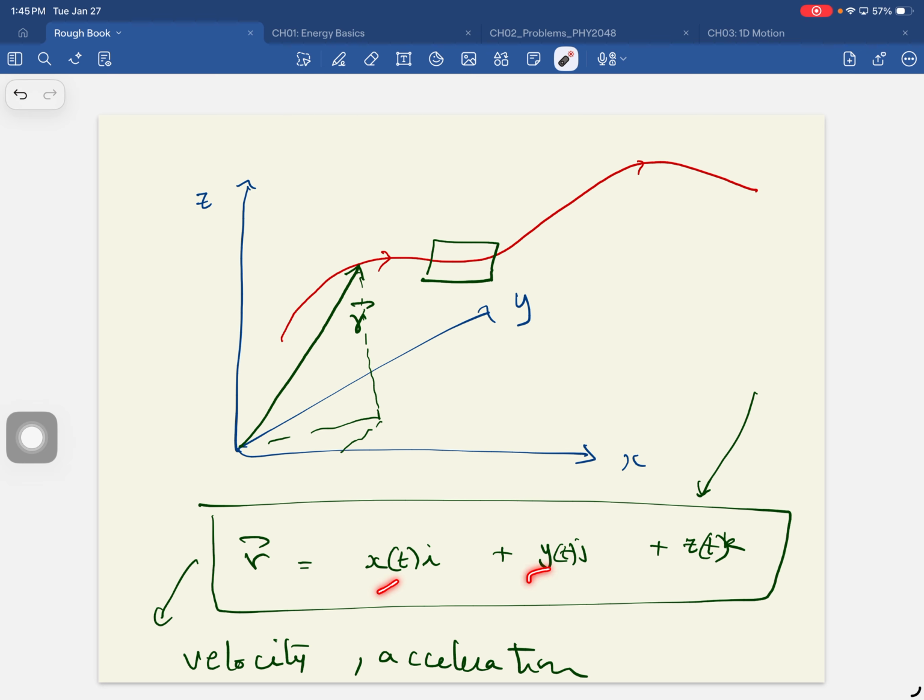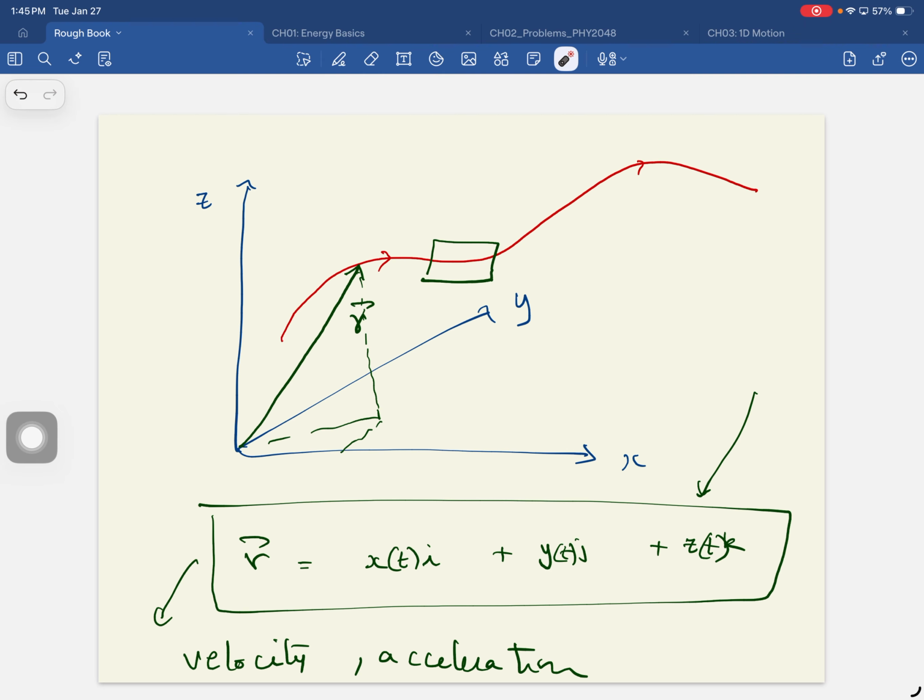In 2 dimensions, 2 numbers, 1 for magnitude and 1 for direction. In 1 dimension, the vector points either in that direction or this direction. So this is 5 meters per second, and that's minus 4 meters per second. In 1 dimension, the direction is just given by the sign. You don't need a number. The sign tells you the direction of the vector. Keep that in mind.